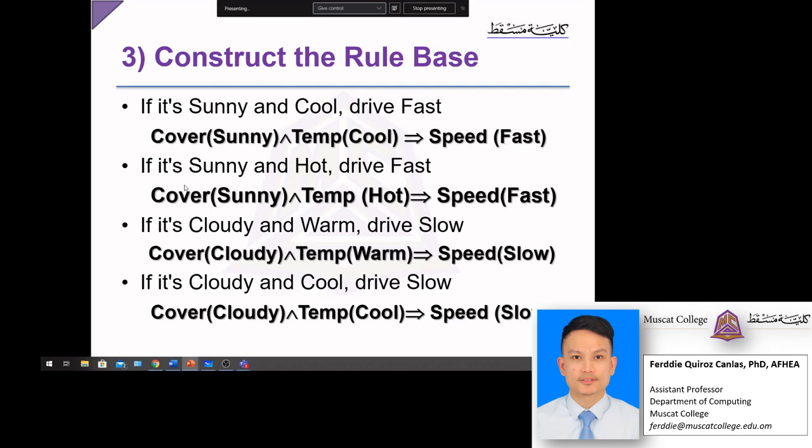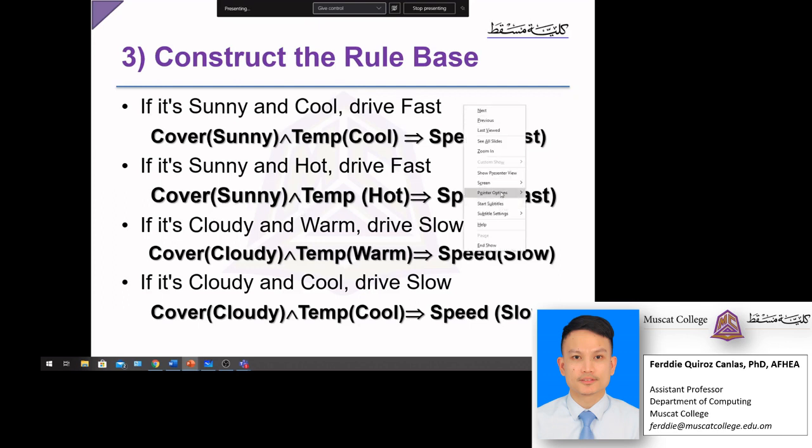Next, if it's sunny and hot, then you have to drive fast. So this is the rule. To represent it in discrete mathematics: cover is sunny, and temperature is hot.